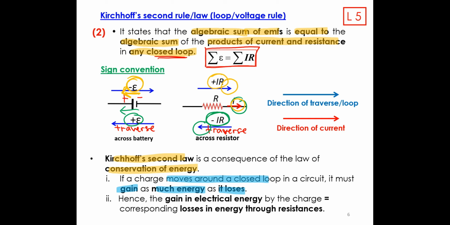What it receives and loses will be equal to each other. Hence the gain in electrical energy by the charge equals the corresponding losses in energy through the resistance. That's why the total EMF equals the total product of current and resistance. It is balanced with each other.